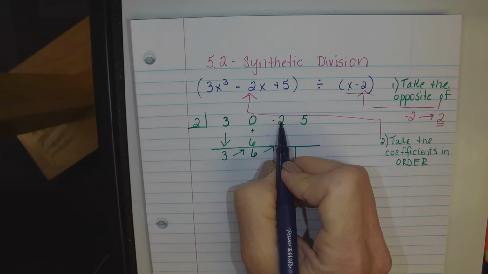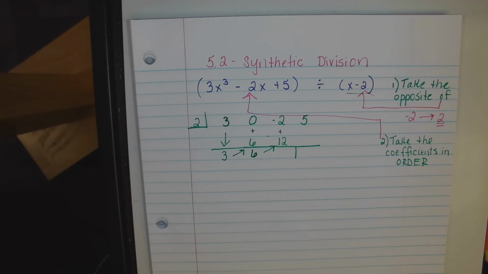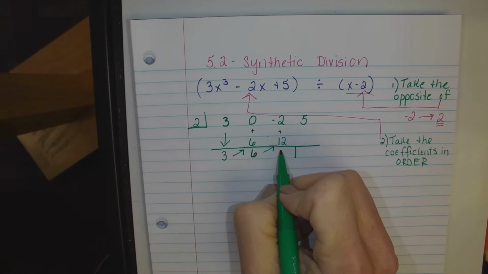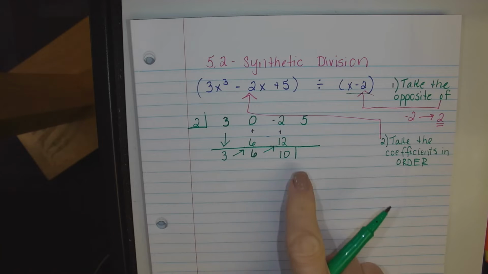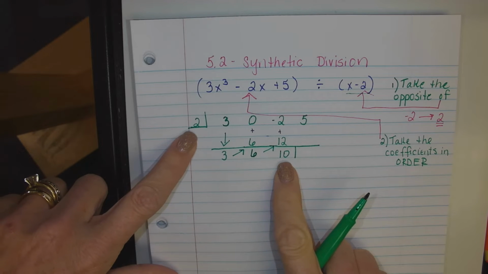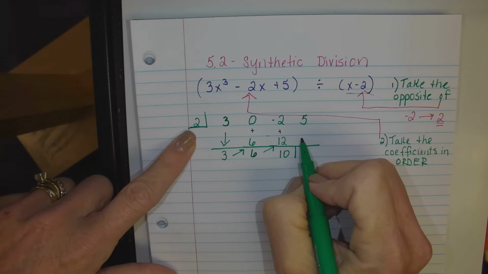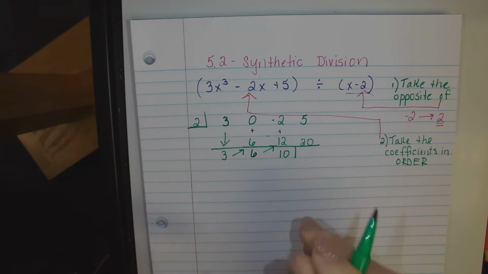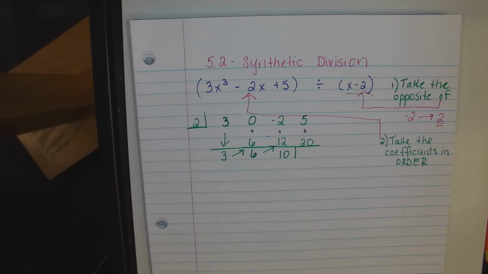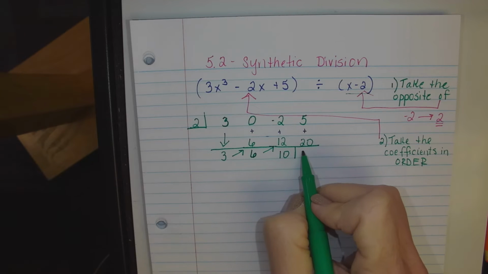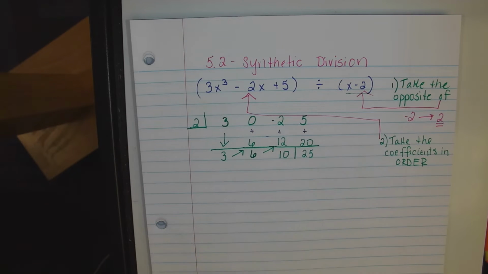Negative 2 plus 12? 10. Good. And who wants to guess the next step? 10 times 2 is 20. What's 5 plus 20? 25. Okay.